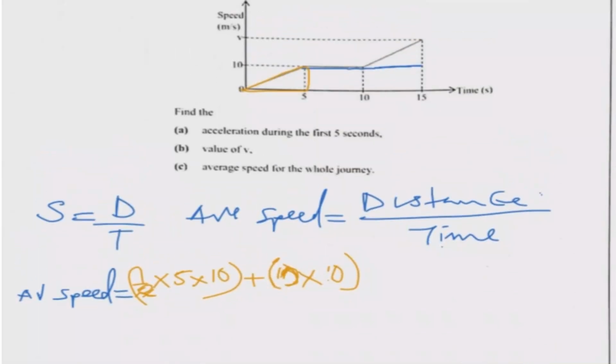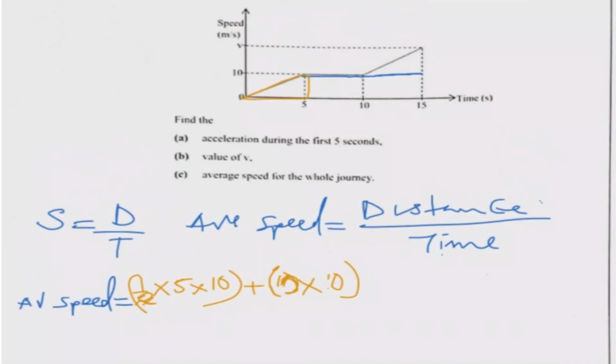Then we have the other triangle which is on top, which is this one. When you look at this one, from 10 to that point, we calculated that the final velocity was 20 meters per second. From 10 to 20, that is 10.